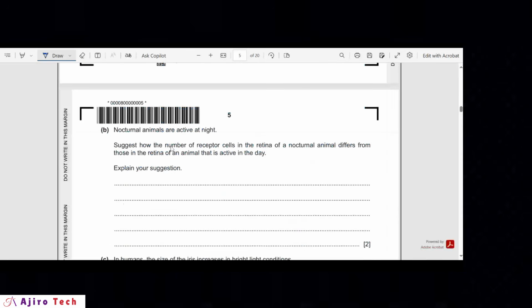The longitudinal animals are active at night. Suggest how the number of rod receptor cells in the retina of a longitudinal animal differs from those in the retina of an animal that is active in the day. Of course, we know that rods enable us to see at night.